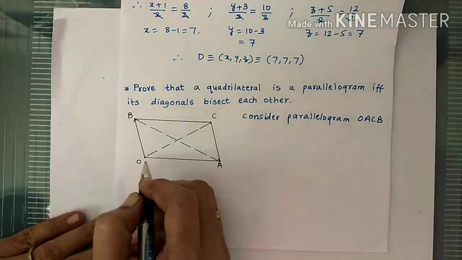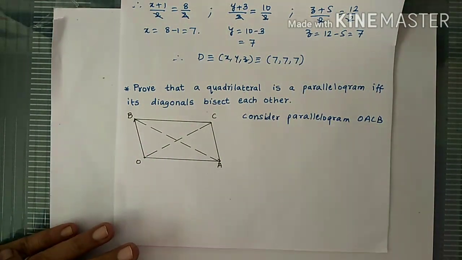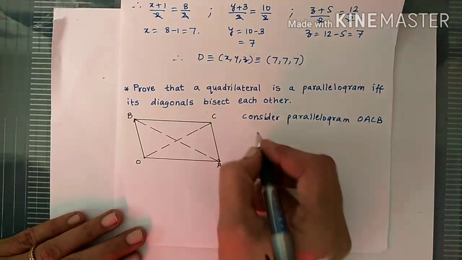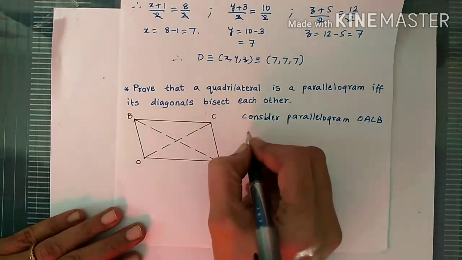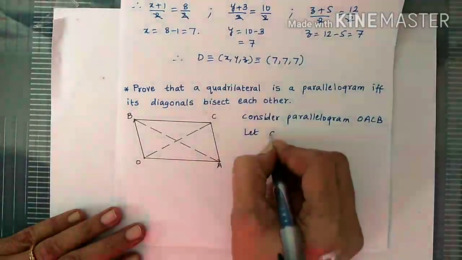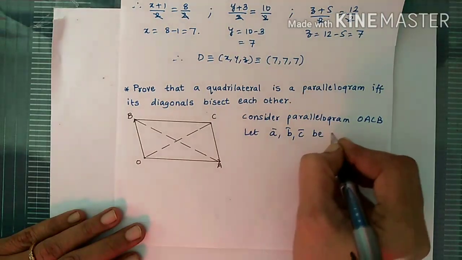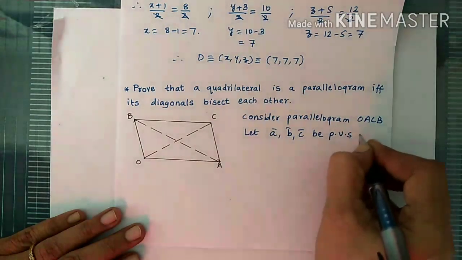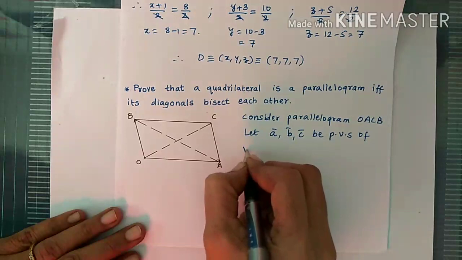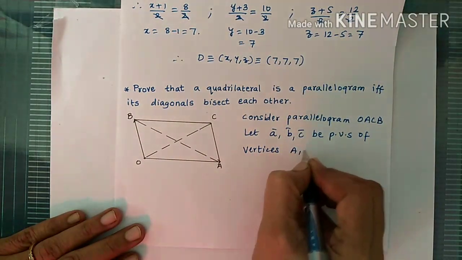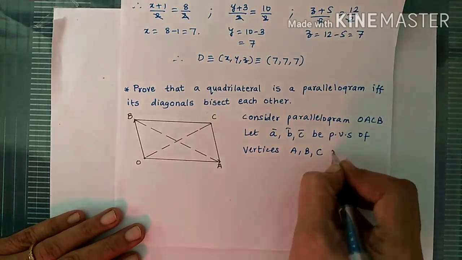So you can consider like this also, so that the calculation part will be easier. So I am considering this O as origin. So let A bar, B bar and C bar be position vectors of vertices A, B, C respectively.